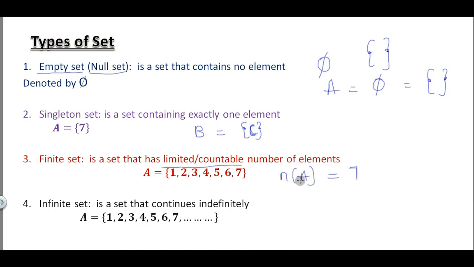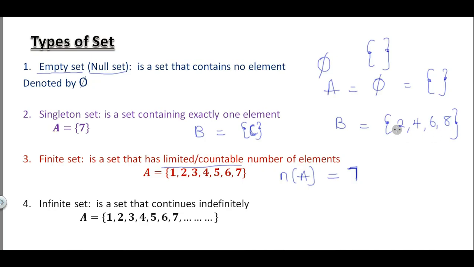So the number of elements in set A is equal to 7. It means that set A contains 7 elements or members. But if, for instance, I have set B containing the set of 2, 4, 6, and 8, this is set B. Therefore, the number of elements in set B is what?